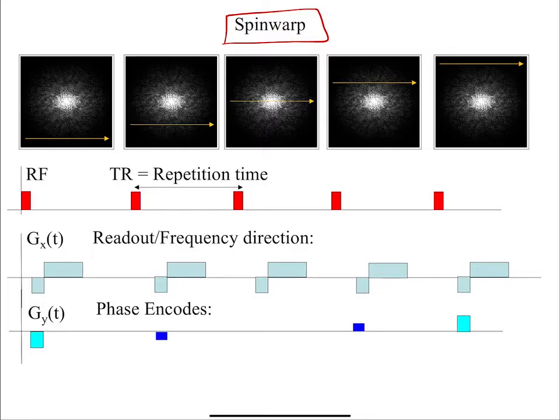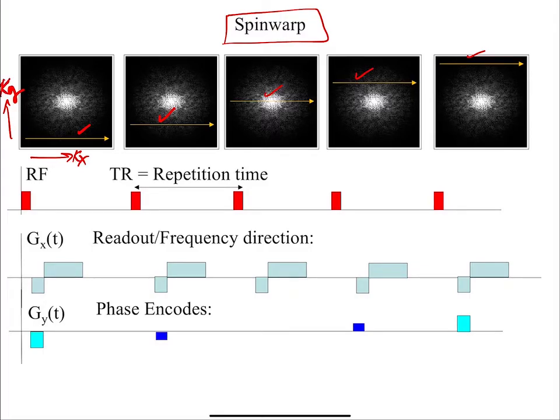So here we go. This is a spin warp pulse sequence, and remember in spin warp we're acquiring line by line by line. So we're acquiring one line at a time, and there is a distinction between the directions. In the x direction, let's say this is k sub x, k sub y.